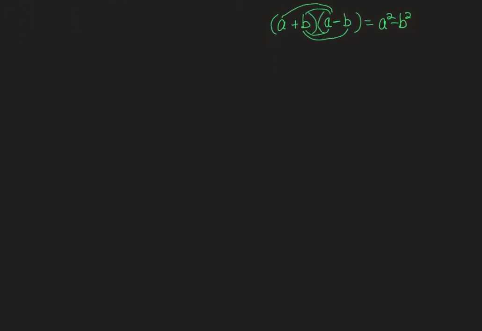Okay, let's move on to example 8. Okay, example 8 is 3 minus 2 square root of 3 over 2 minus 7 square root of 3. Okay, we're going to apply the same technique we just worked with.